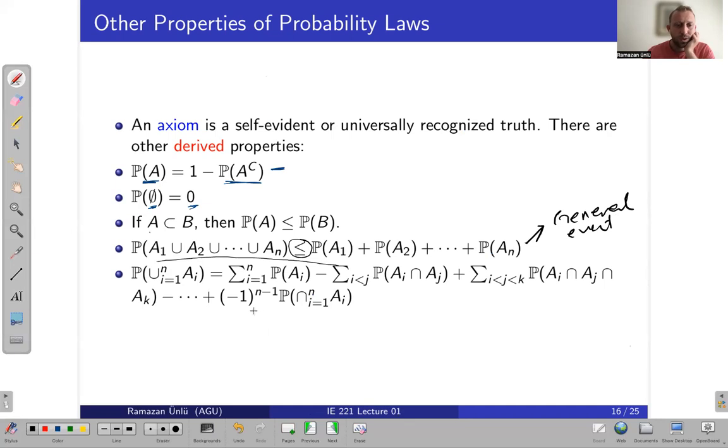Okay, and this one is the inclusion and exclusion operation. Let's say the union of the different events is equal to the sum of the probabilities of the individual events, minus two-event intersections, plus three-event intersections, minus four-event intersections, plus five-event intersections. So let me prove that one.